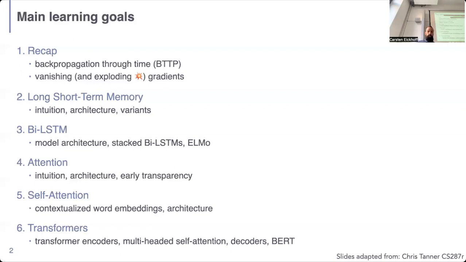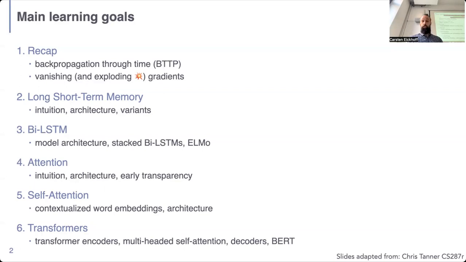We'll look at LSTMs, which are an interesting alternative way of doing things relative to what you've learned about recurrent neural networks. We'll look at attention, right? So an explicit way of saying where should the model look when making predictions, when making translations.